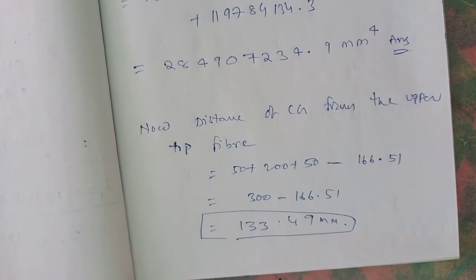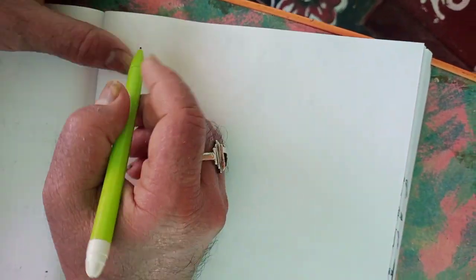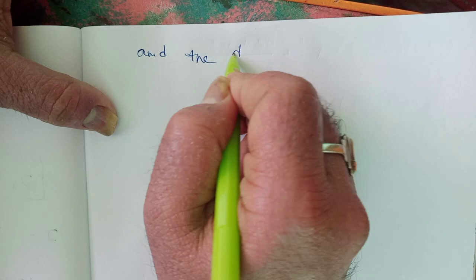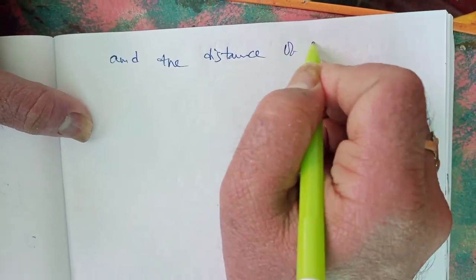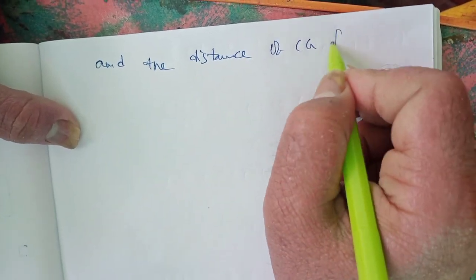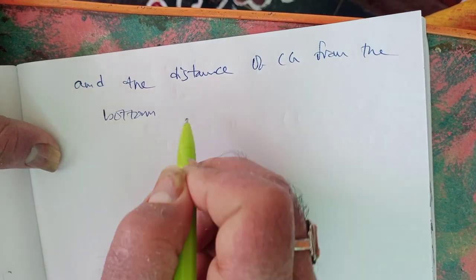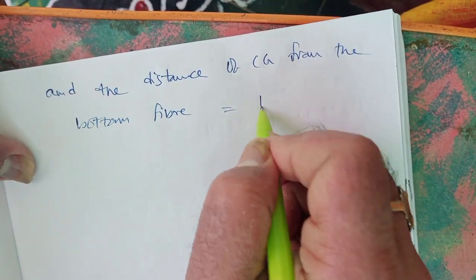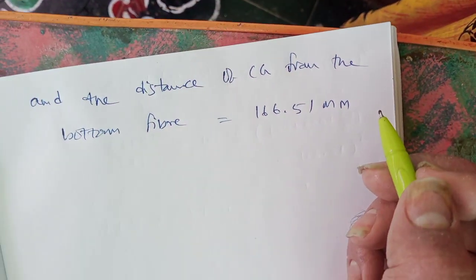So which one is maximum? The distance of CG from the bottom fiber is 166.51 millimeters, which is maximum.